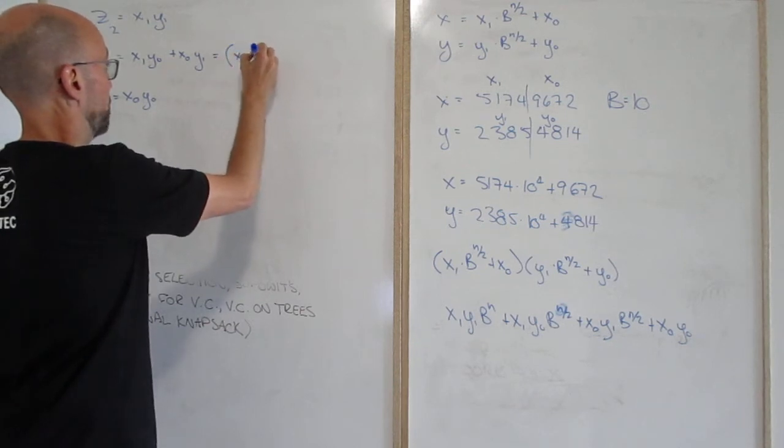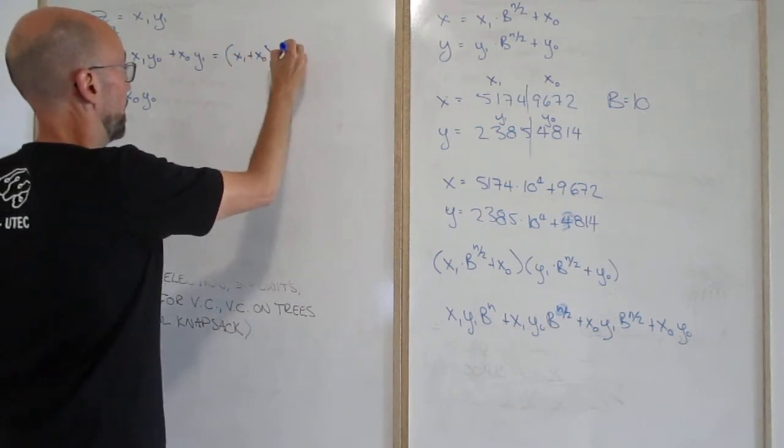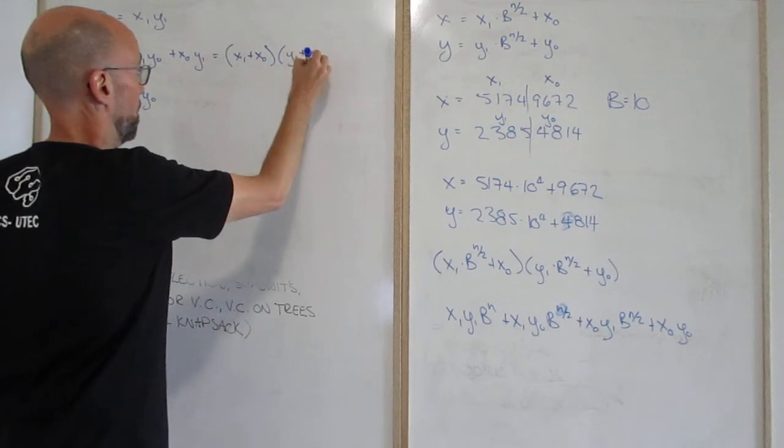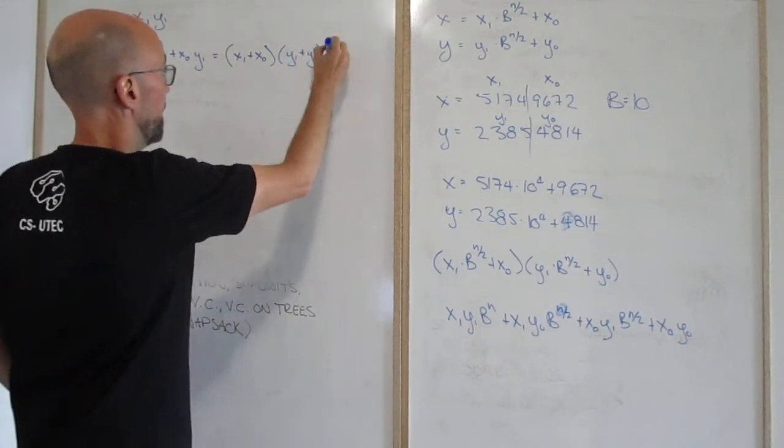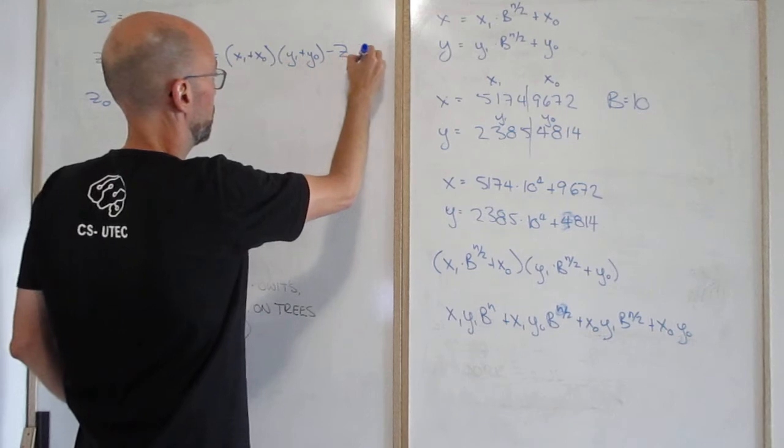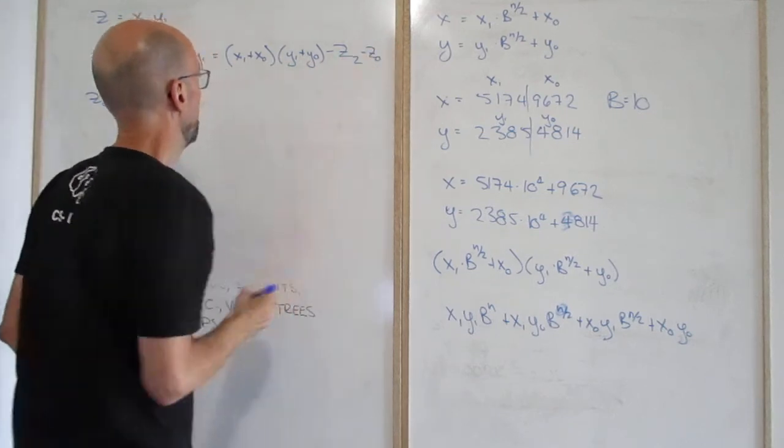But Karatsuba's trick is to say that z1 is equal to (x1 plus x0) times (y1 plus y0) minus z2 minus z0, right?